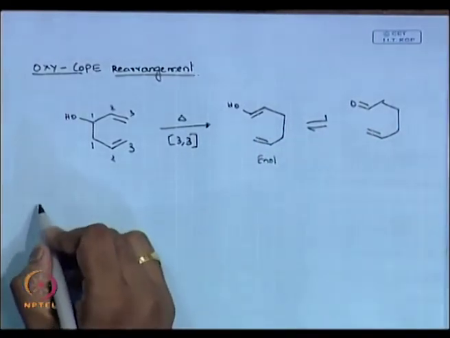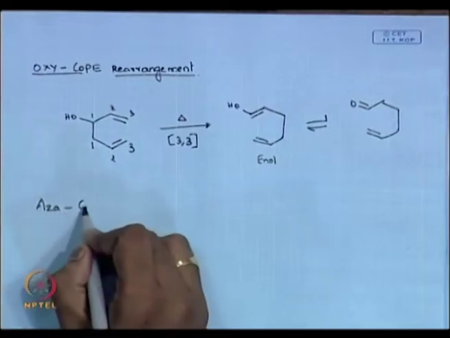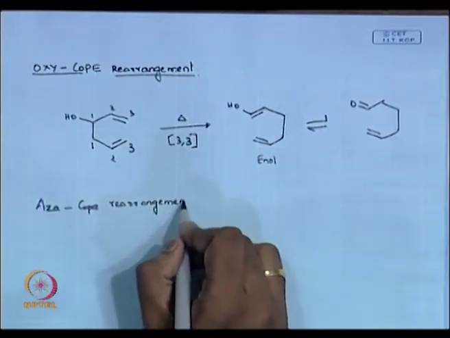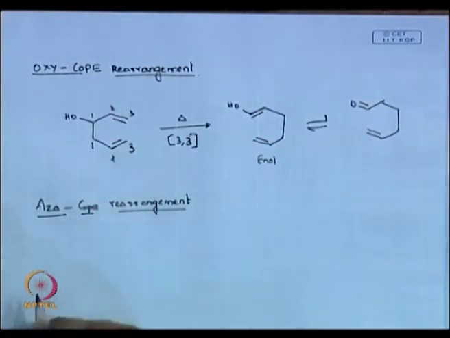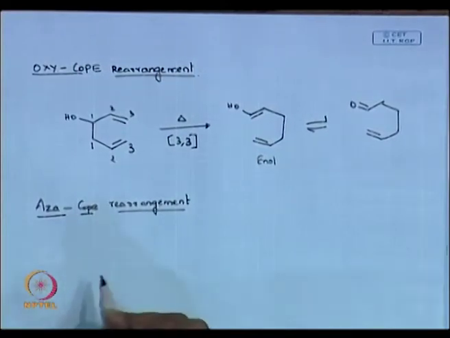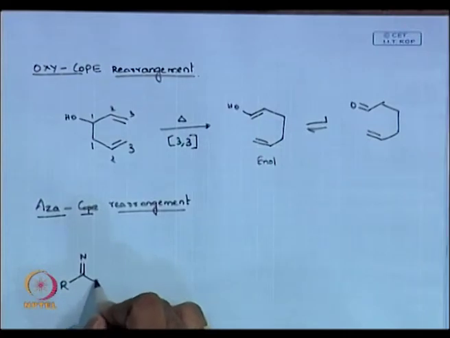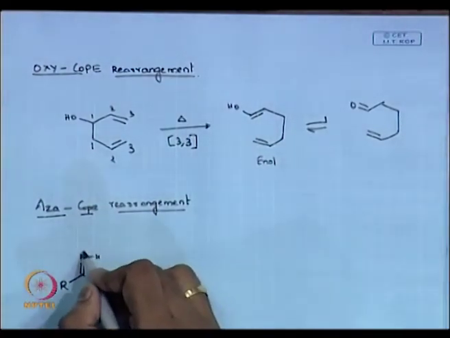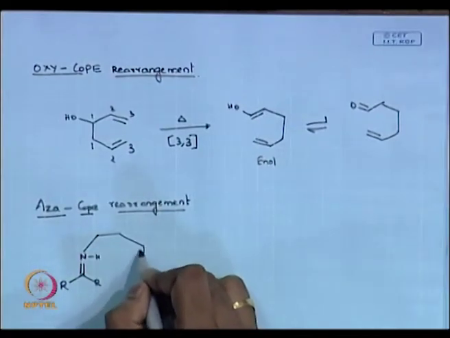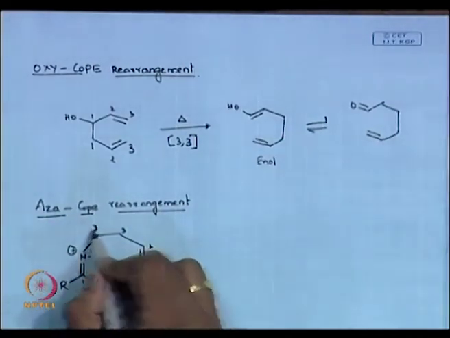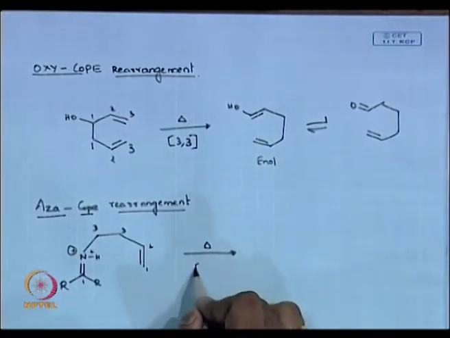Okay. Another variation is the aza-Cope rearrangement, that is also there. So I have 1, 2, 3, you can write 1, 2, 3, heating, 3,3.